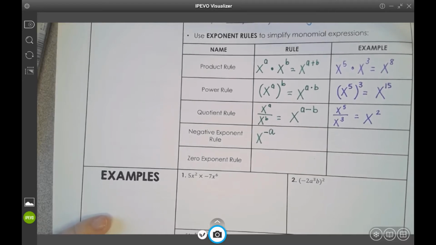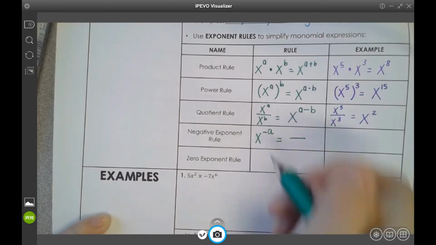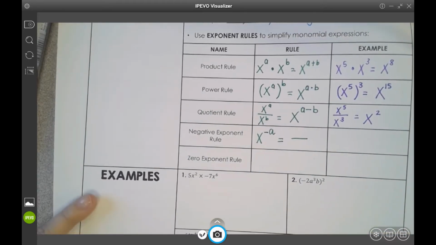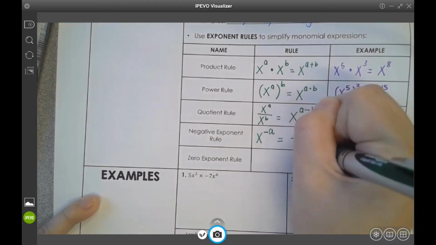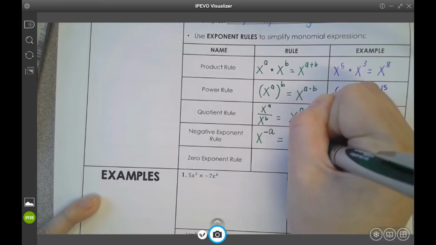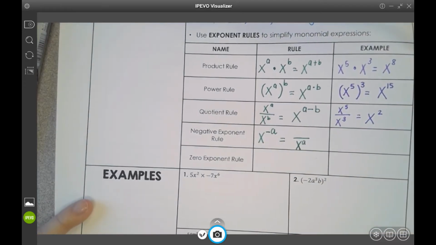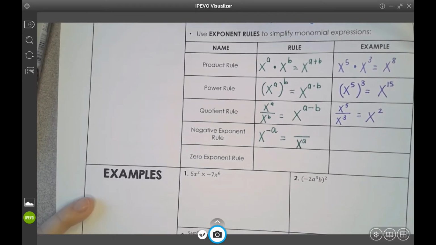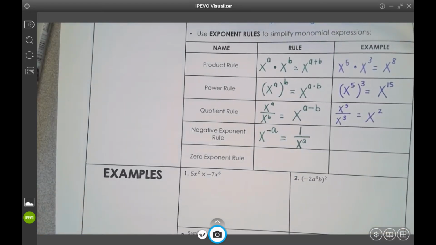So if we want to make it positive, we make a fraction, and that x goes to the bottom of the fraction, and that a becomes positive. And you don't leave a blank on a fraction, so we just put a 1 there to kind of be a placeholder.